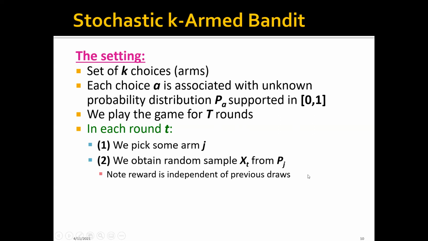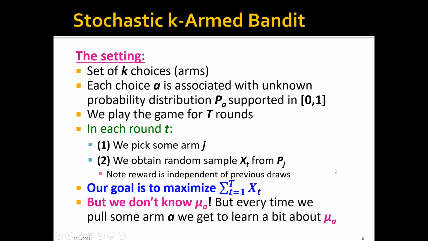And note that this reward is independent of all previous draws or pulls of the arms. Now our goal is to maximize the total reward. The total reward is just the summation of all the x t, where t indexes the rounds. We add up all the rounds of x t to get the total reward, and we want to maximize it.